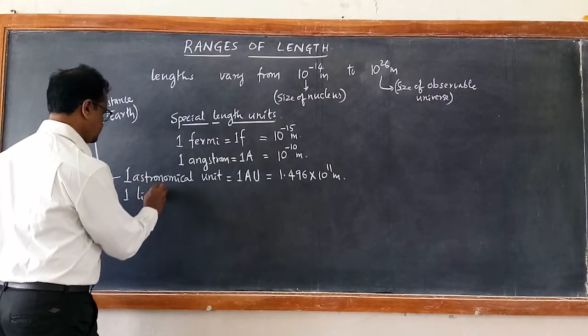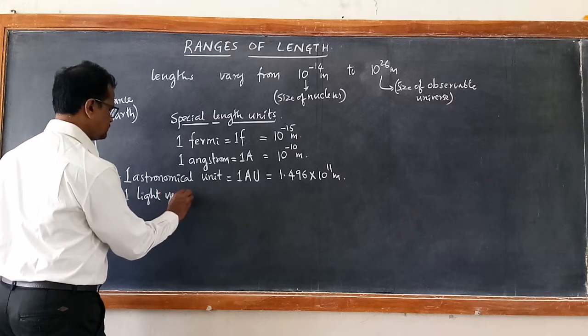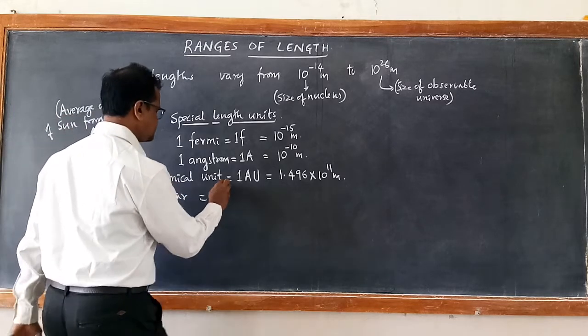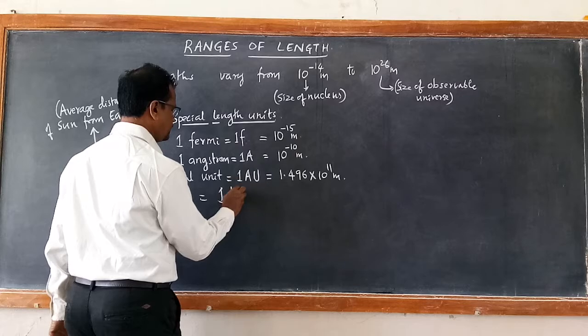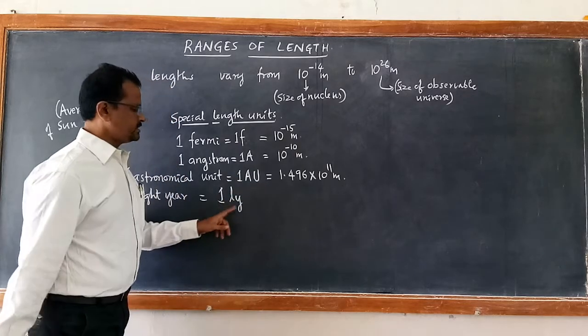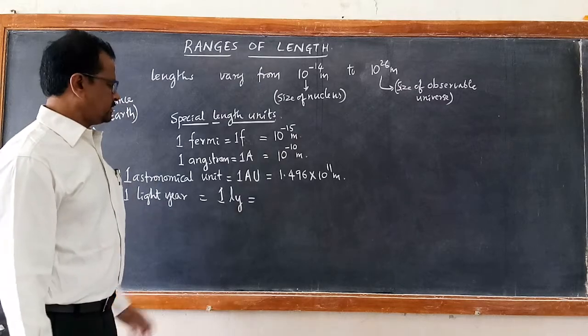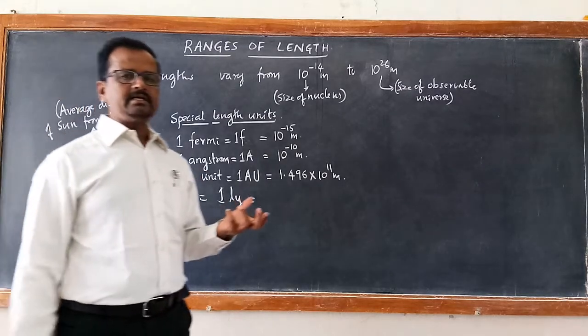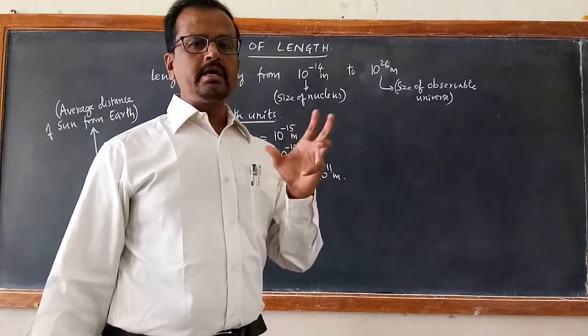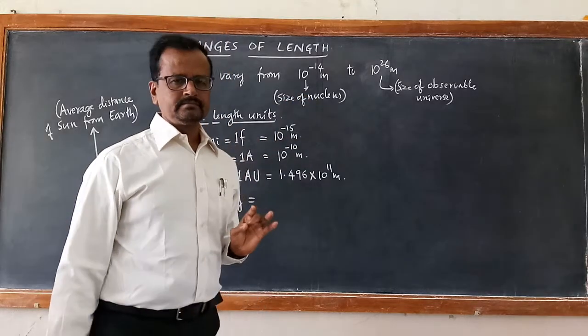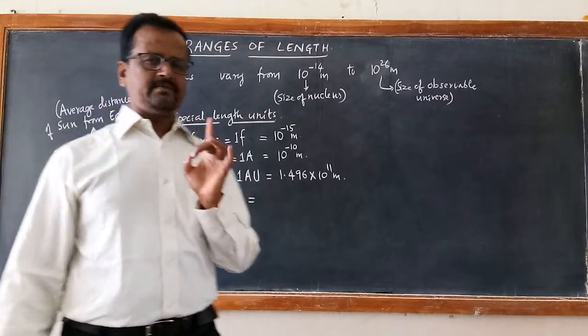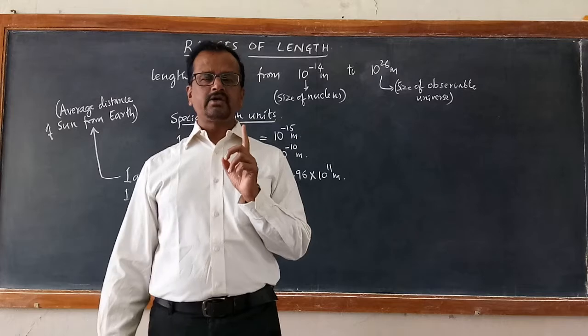1 light year, in short, is written as 1 ly. How do you calculate 1 light year? It is the distance traveled by light in 1 year. You know, in 1 second the light travels 3 lakh kilometers.